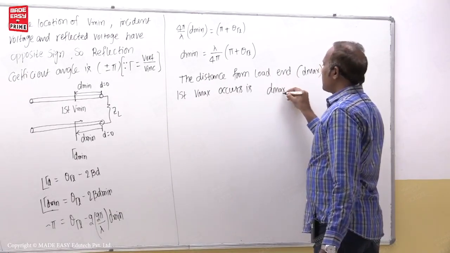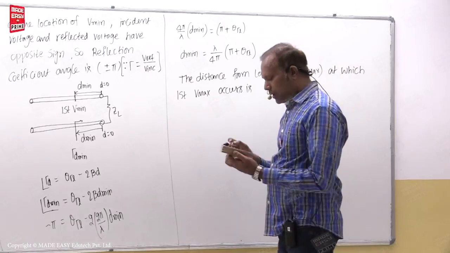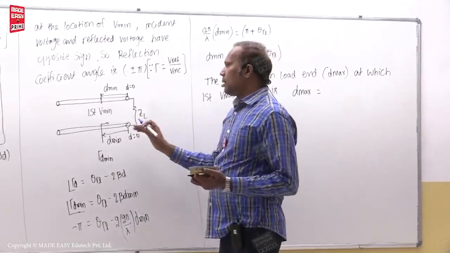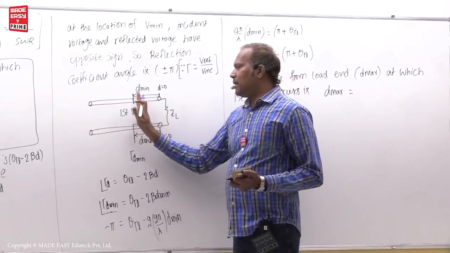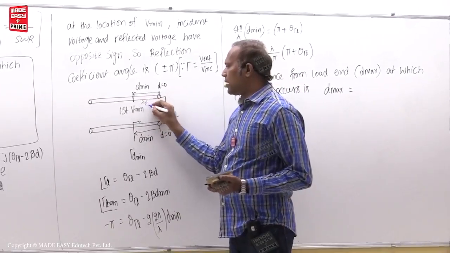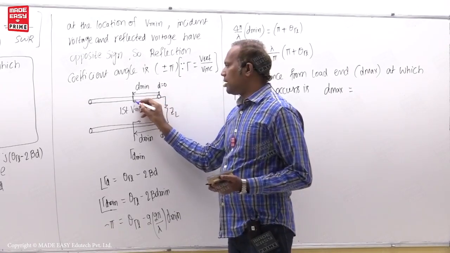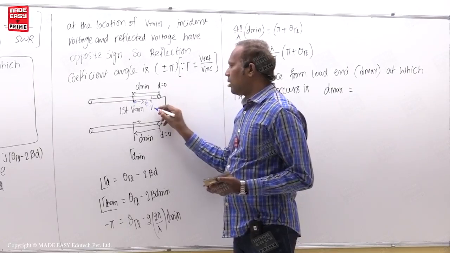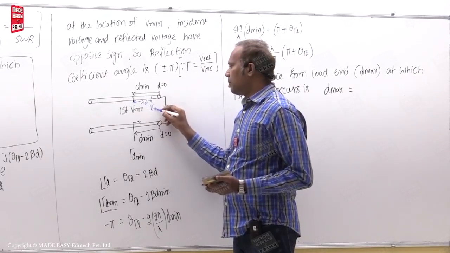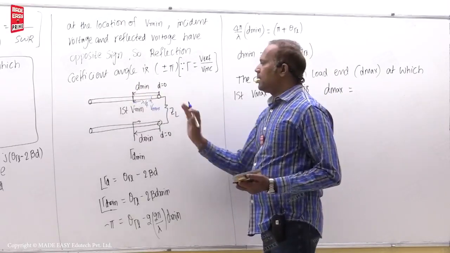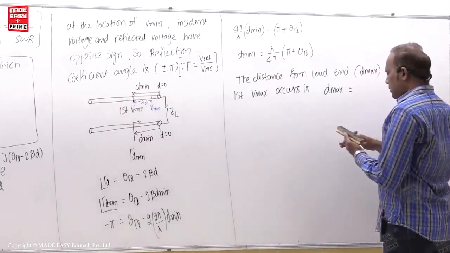D maximum is equal to, now students, as I already told you, wherever the voltage minimum is, if you come lambda by 4 distance this side, automatically you will have a V maximum. So toward the source, D minimum minus lambda by 4 gives D maximum.